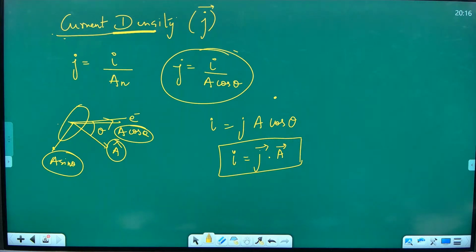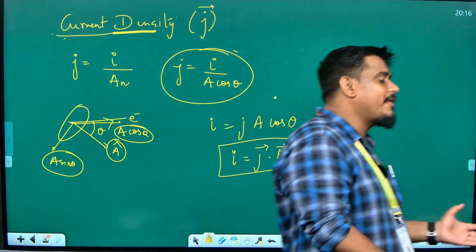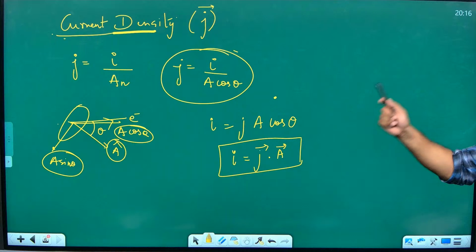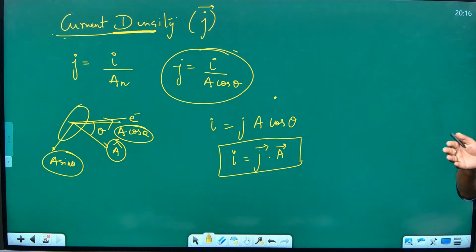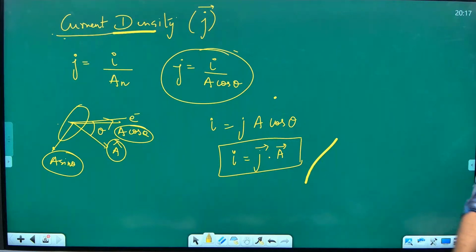It is very true that current has magnitude, current has direction, and it does not obey vector laws of addition. That is also a reason why it is called scalar. But that is not the concept. The concept says that current is the dot product of current density and area vector. Please write this up fast.